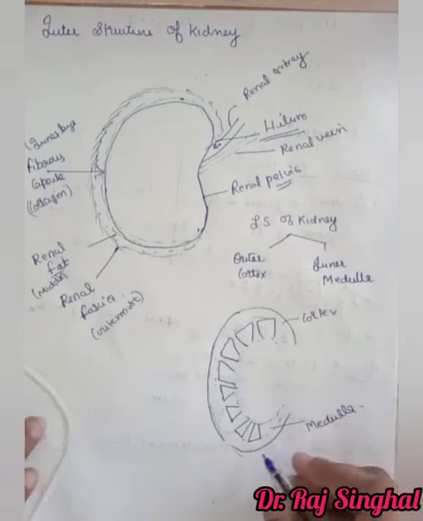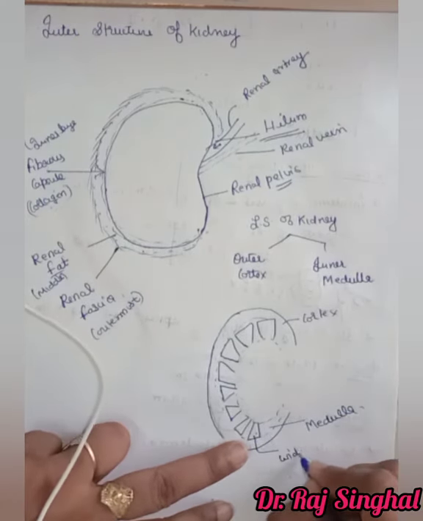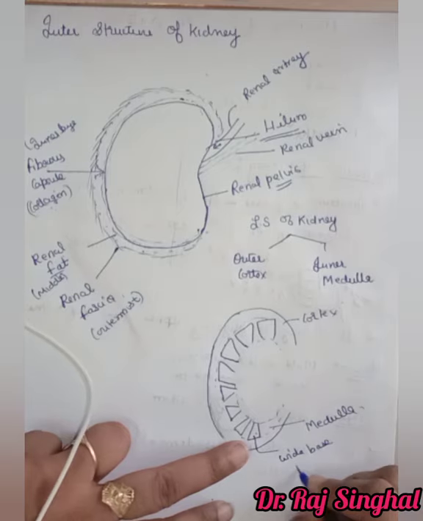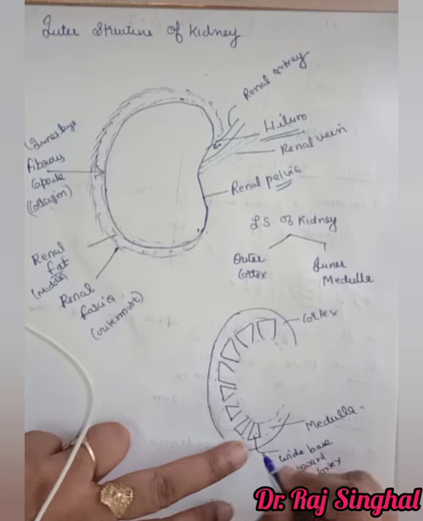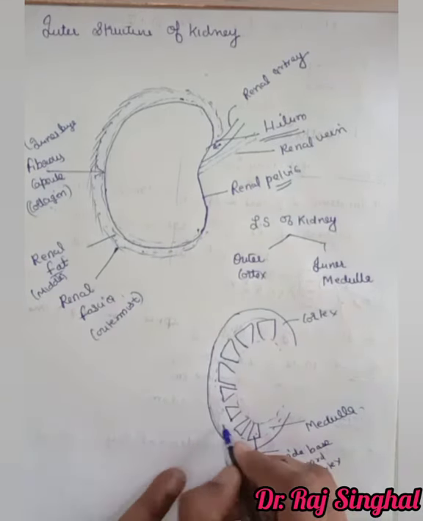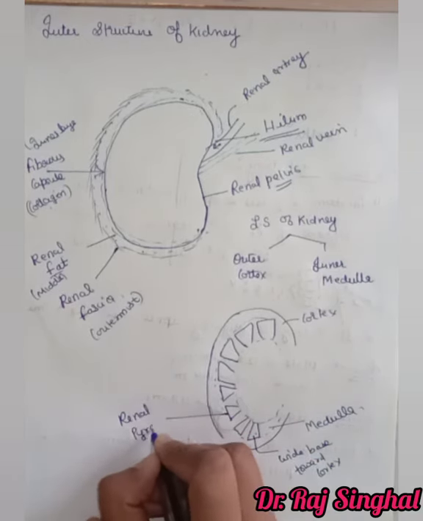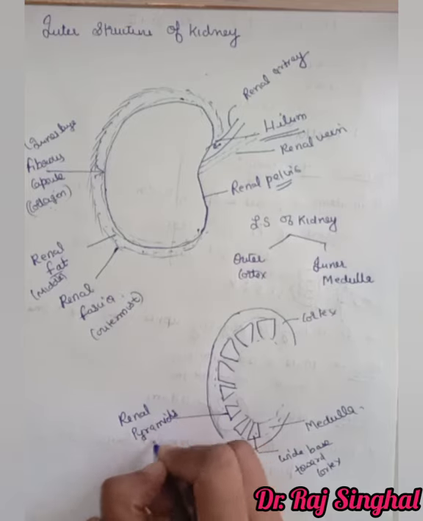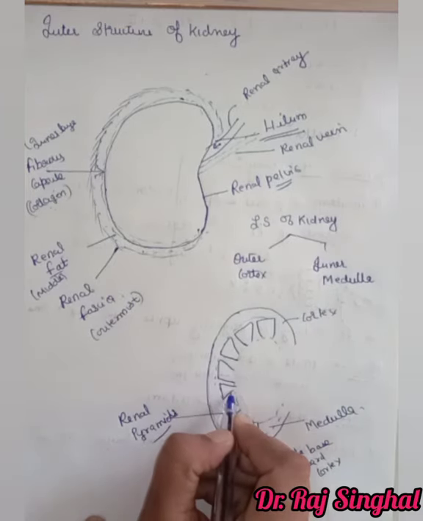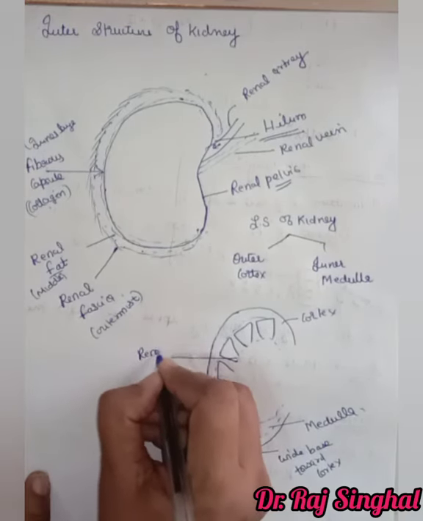These triangular pyramidal structures have wide base toward cortex, and these structures are known as renal pyramids. Their narrow end is towards the medulla. This is known as renal papillae.